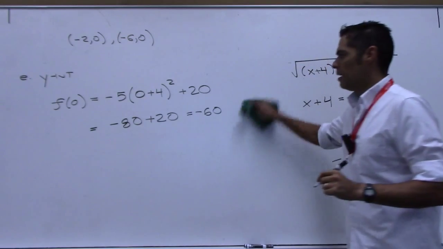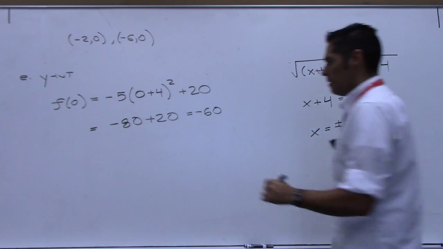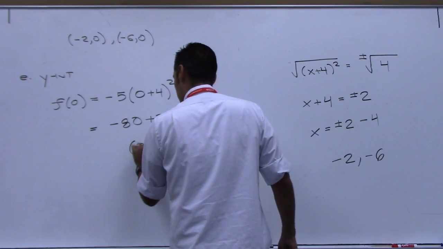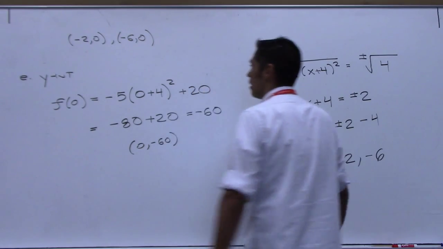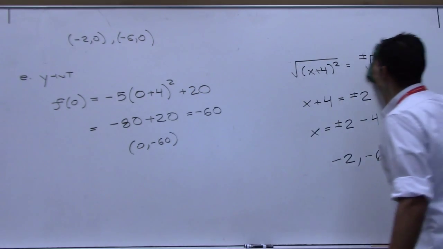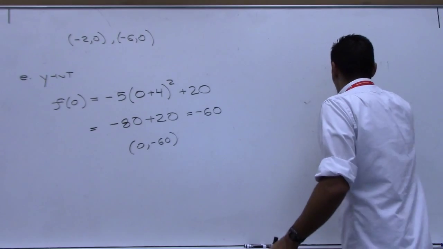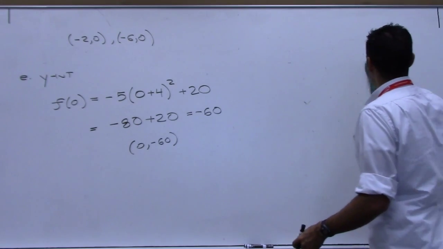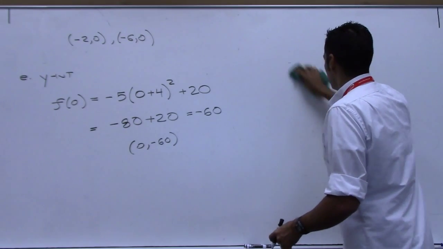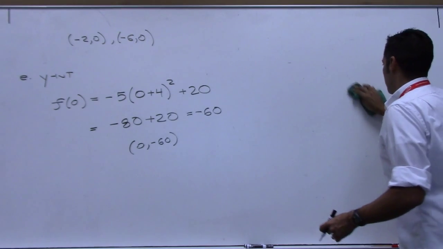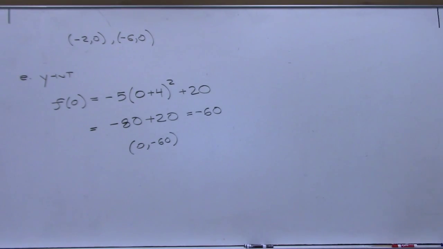Ooh, that's way down my y-axis, right? That's going to be at 0, -60. All right, so let's draw this. And I'm going to do something a little different on this one, which is completely legal. It's allowed. It's very helpful when you're trying to draw something.